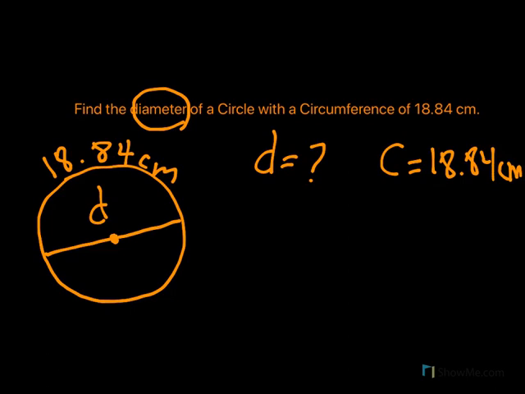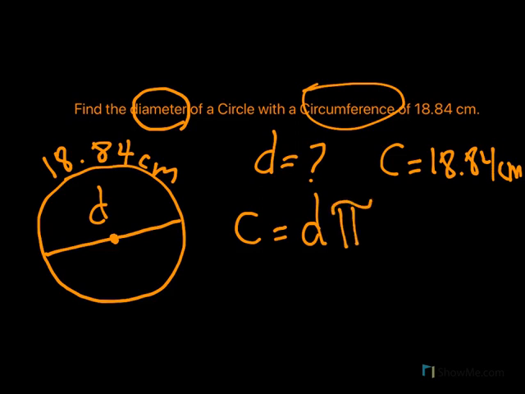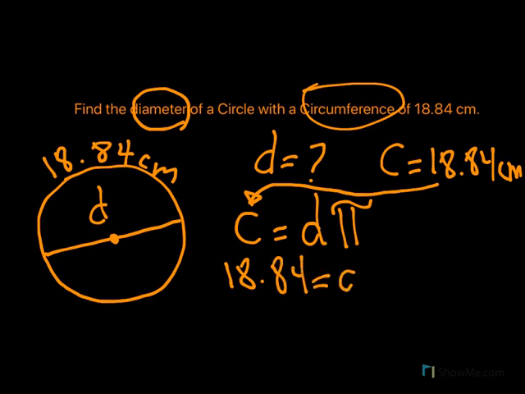Now, because this is a problem that uses circumference as a baseline, this time we need to go for the formula we learned before. Circumference is equal to the diameter times pi. I know my circumference is 18.84, so I'm going to plug that in right here. 18.84 is equal to my diameter times pi.